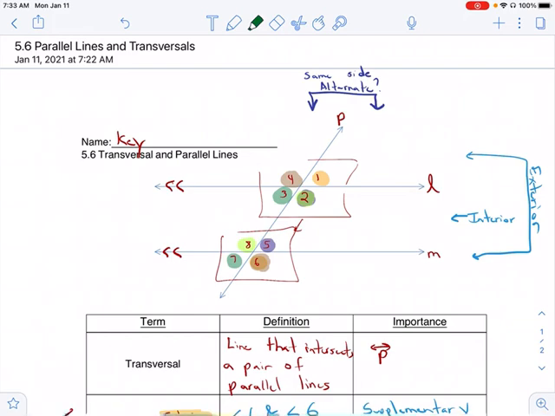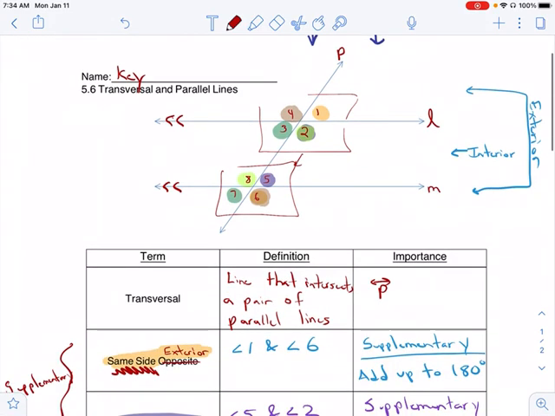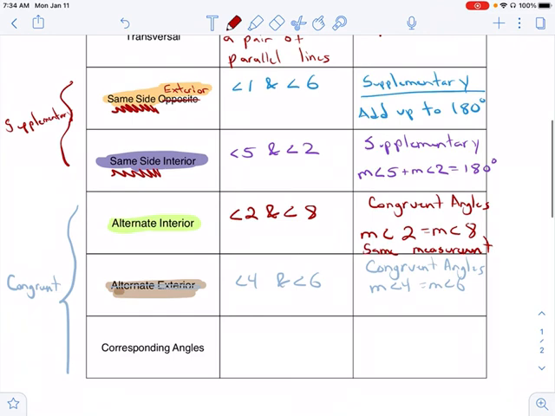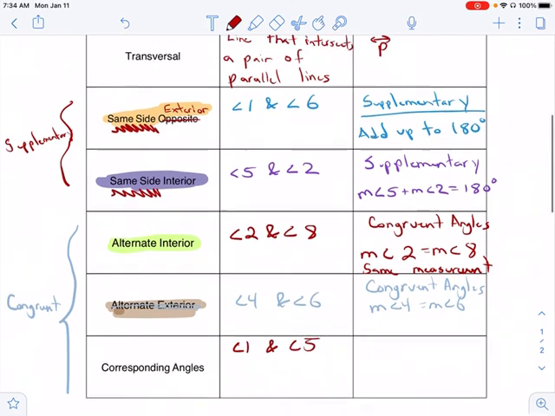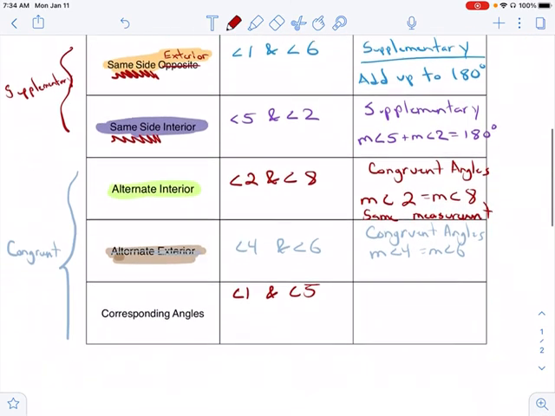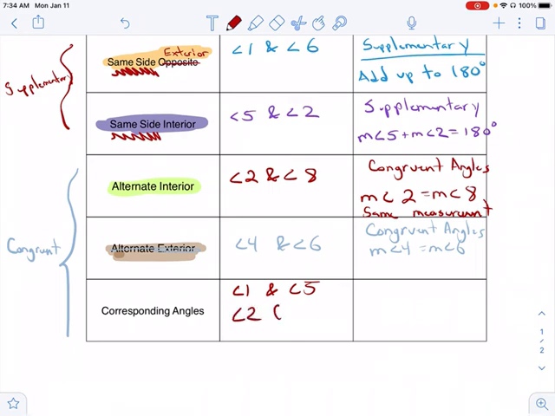But if I went through all my corresponding angles here, I could say 1 and 5 are corresponding, 2 and 6, 4 and 8, 3 and 7 are all corresponding pairs. So we can have multiple different examples of this. Let me double check that was 1 and 5, which it was. And then I also said 2 and 6.